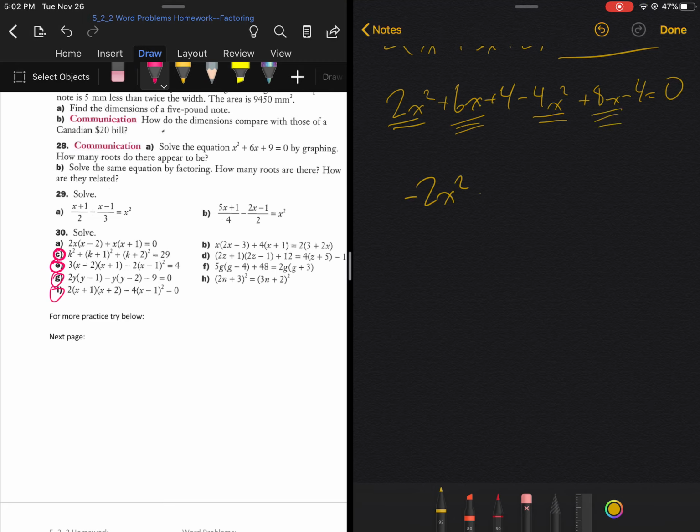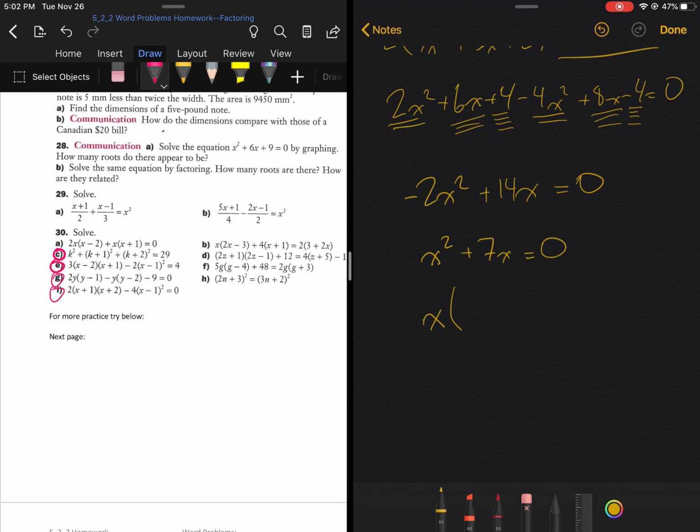Let's collect like terms. What do we have? Minus 2x squared, the x terms, plus 14x, plus 4 minus 4. That's 0. What do I have here? I can divide by minus 2. I get x squared plus 7x equals 0. What do I do when I only have two terms?